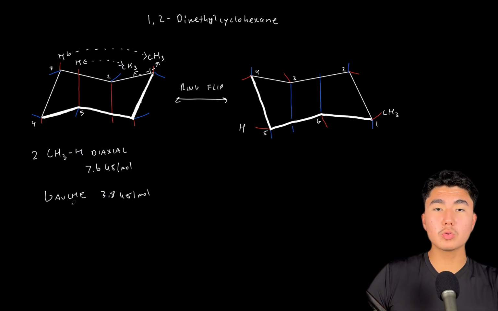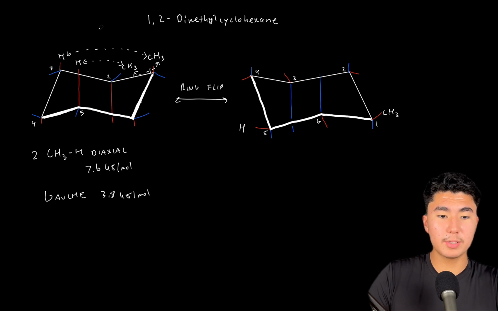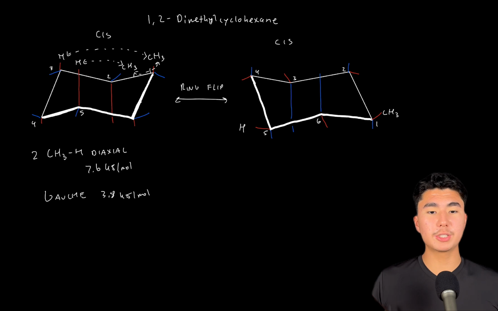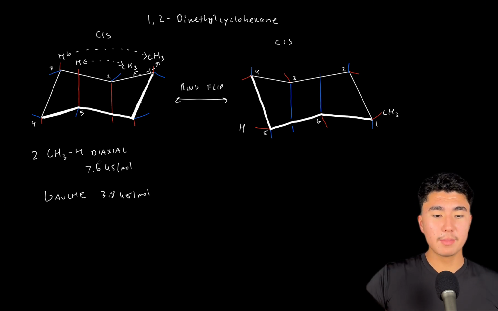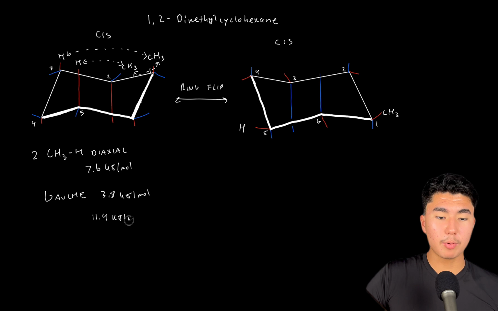So the total strain for this configuration over here, and these 2 are going to be our cis configuration. So this is the cis configuration of a 1,2-dimethyl cyclohexane. This is going to end up being a total of 11.4 kilojoules per mole for this guy over here.